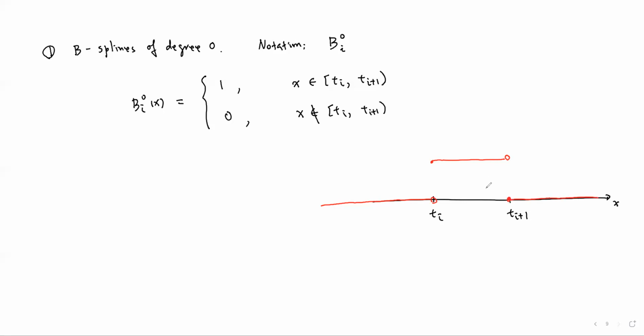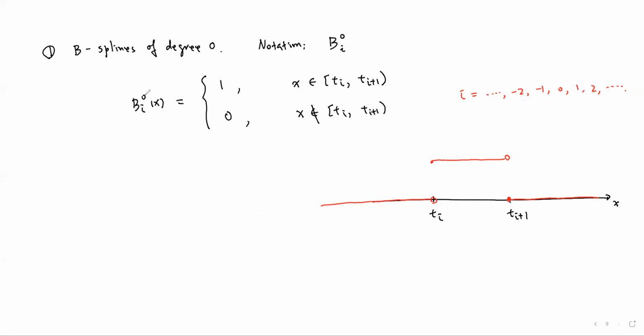Right, this is the graph of this function, where i is any integer, from negative infinity to -2, -1, 0, 1, 2, and then on to infinity. This is a spline function of degree 0. It is the starting point to construct B-splines.